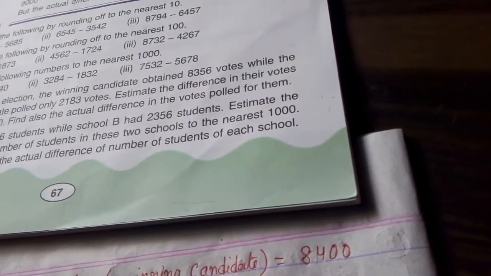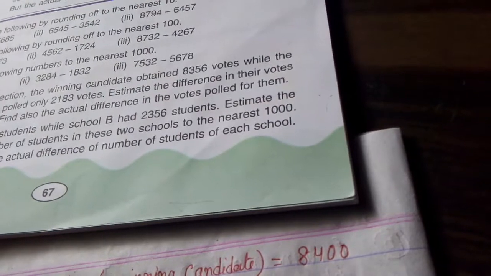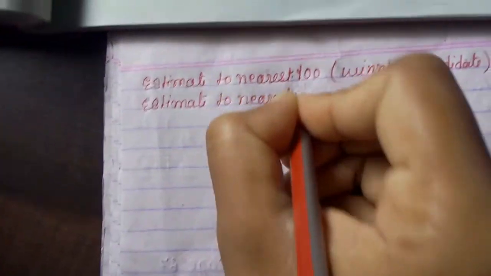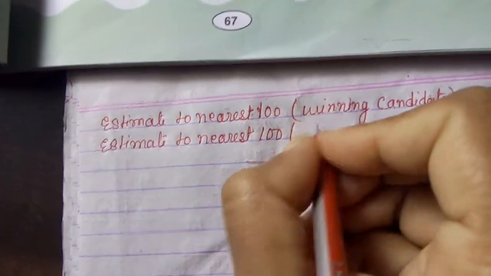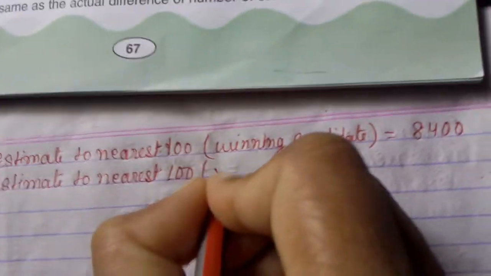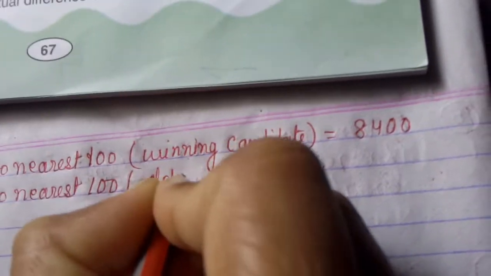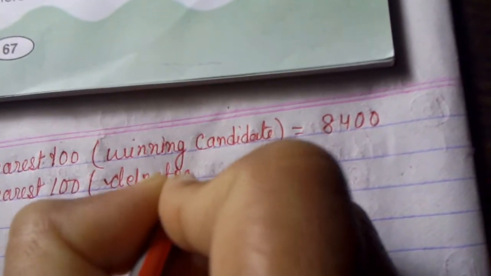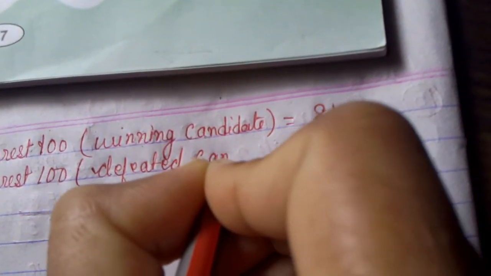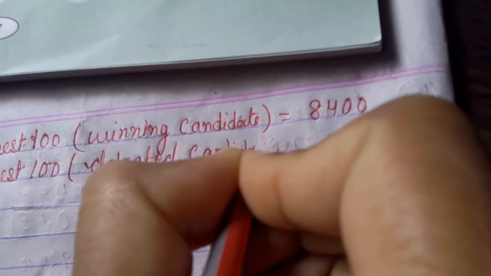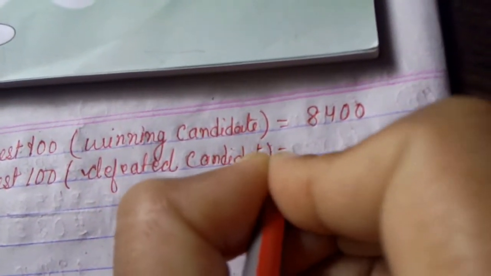Again estimate to nearest 100. So defeated candidate. Now team is not there. There is no match. There is voting.